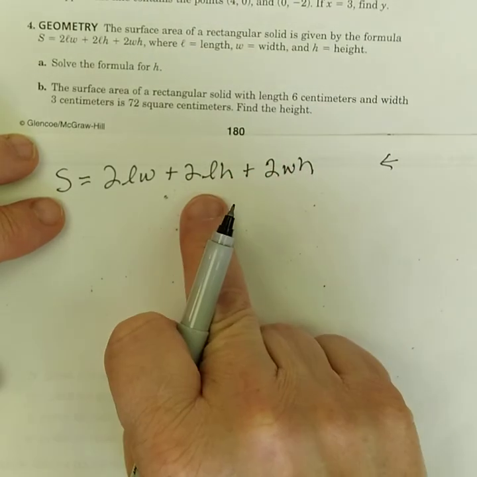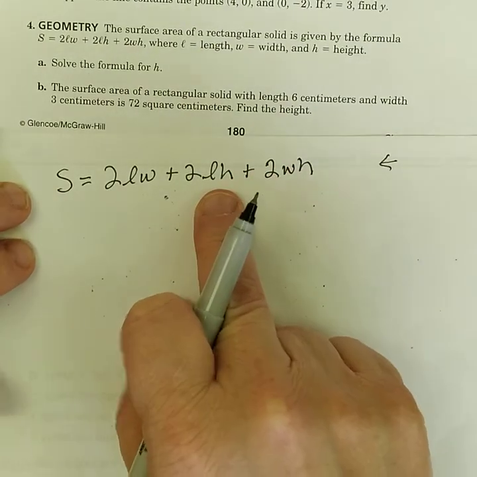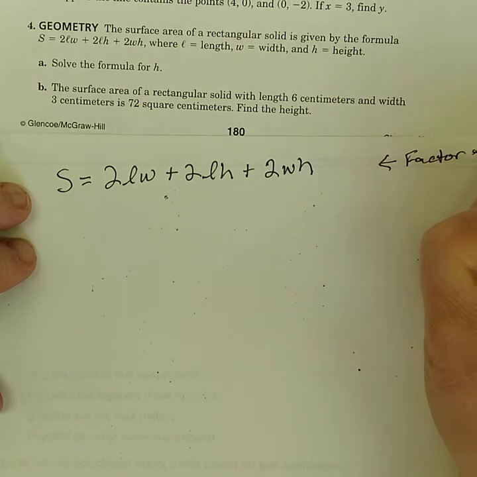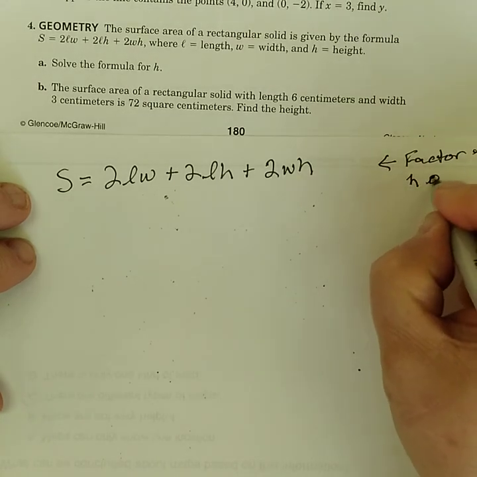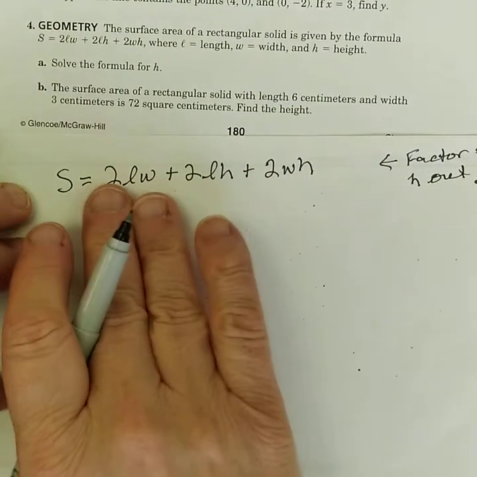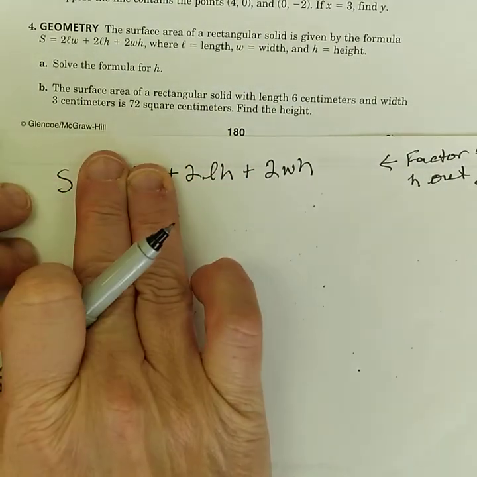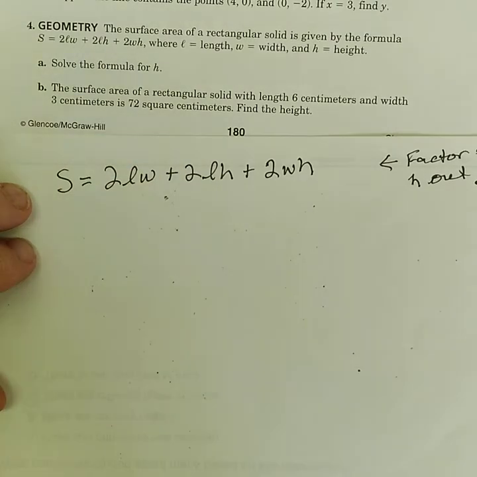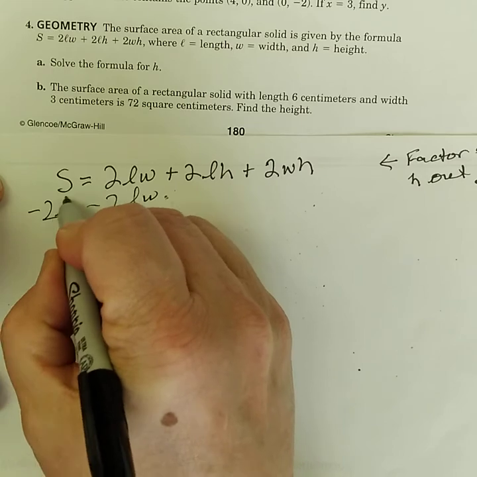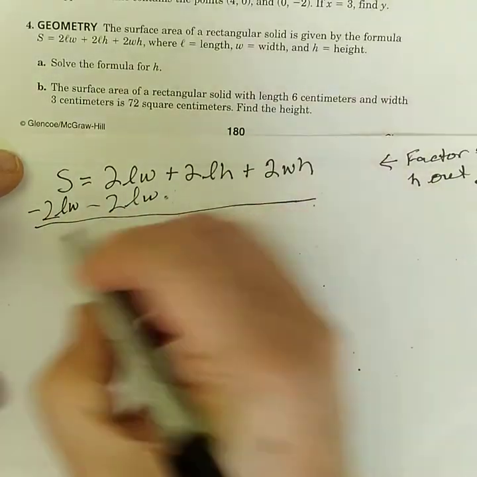When you have 2 different terms where H is inside of it, you are going to have to factor that H out, okay? So what you're going to have to first do is get rid of this one that doesn't have an H. So how do we get rid of a 2LW? We subtract 2LW from both sides, okay?